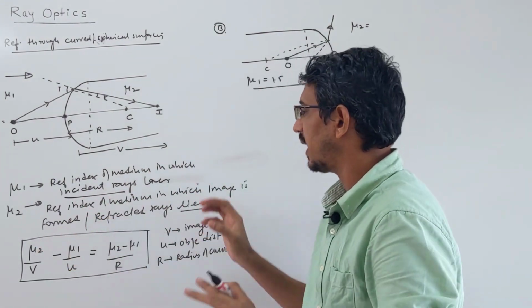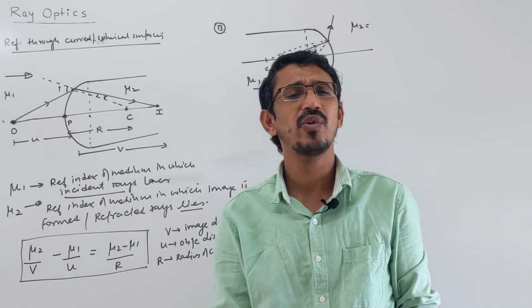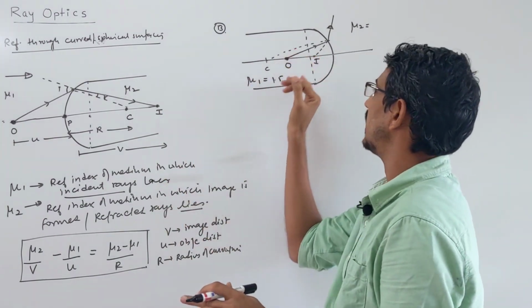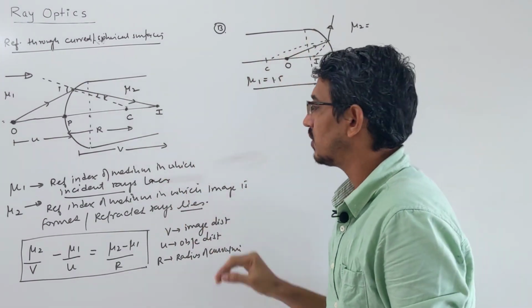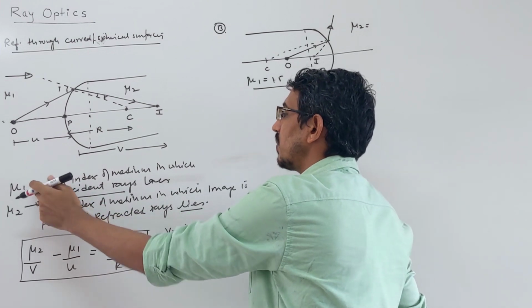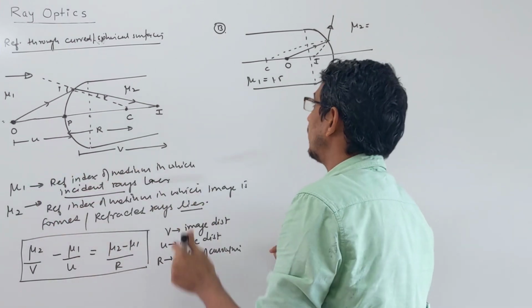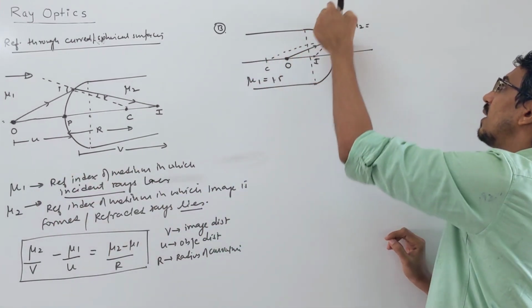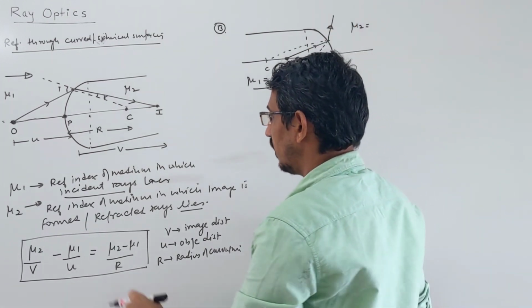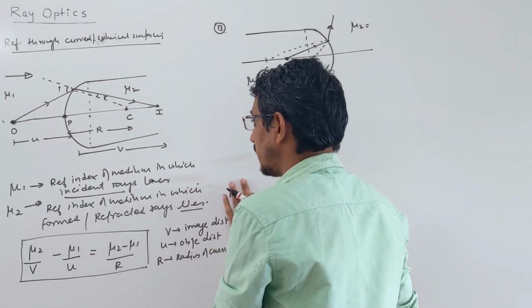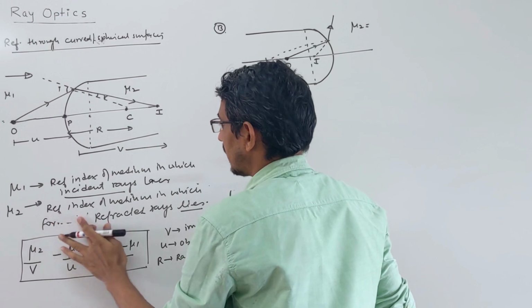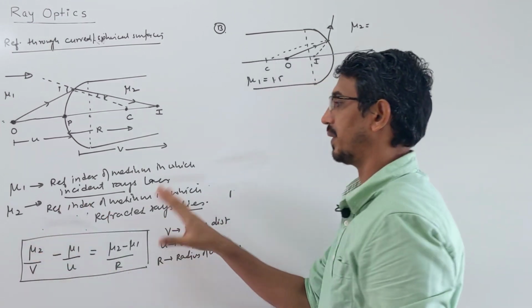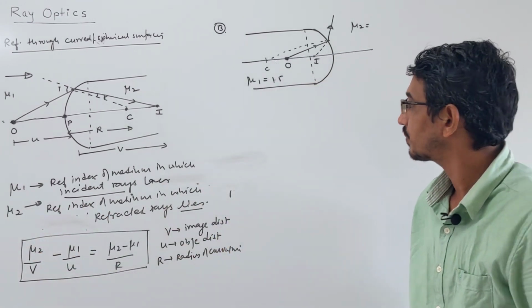And don't say object and image, because sometimes the image can be formed in the same medium, like here also the image is formed in this same medium itself. So it's confusing, so better to say mu1 is the refractive index of the medium in which incident rays are there. Incident rays are traveling here, refracted rays are outside, you see, right, the other medium, okay. So you say the medium in which refracted rays lie, okay. This will be better, so no confusion, okay.